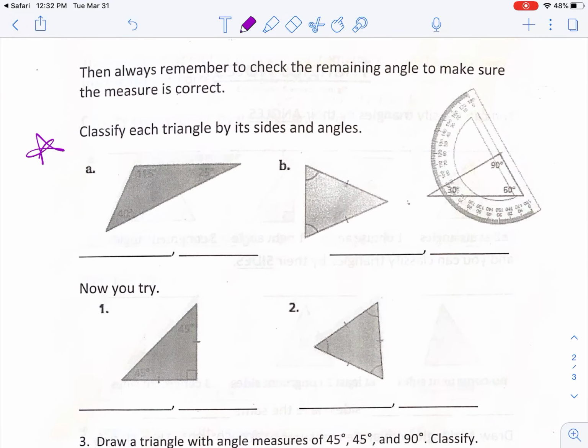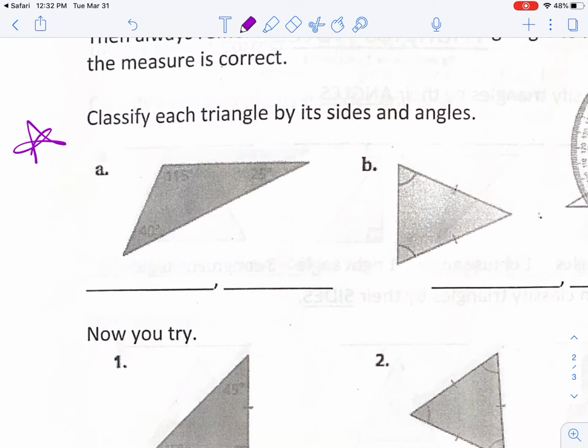Okay, and then we're going to go right here to classifying each triangle by its sides and its angles. Okay, so let's start with its sides. If you look at the side measures on the outside, there are no tick marks, which means all 3 measures have different lengths. So we're going to say that this is a scalene triangle.